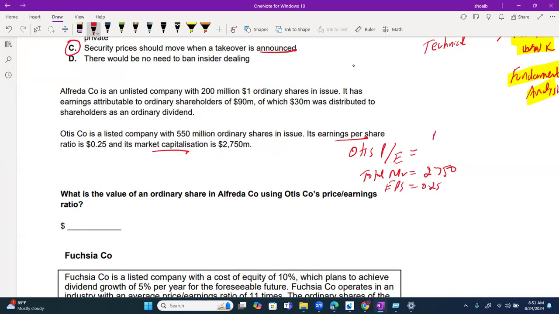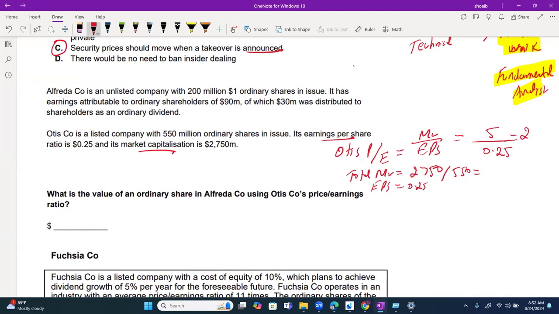PE ratio formula is market value per share divided by EPS. So what is the market value per share? 2750 divided by 50. So PE ratio is 20.